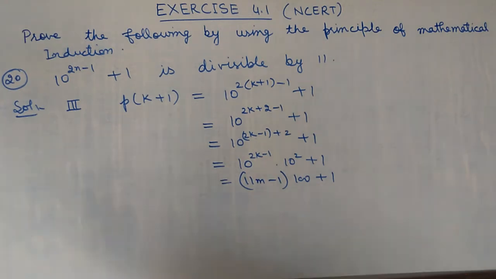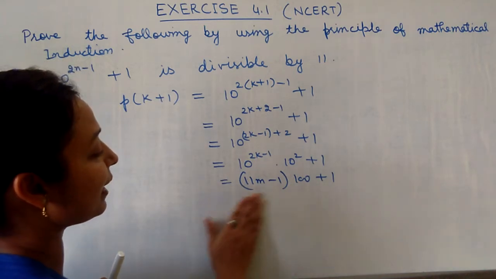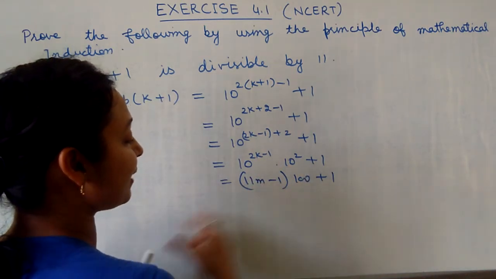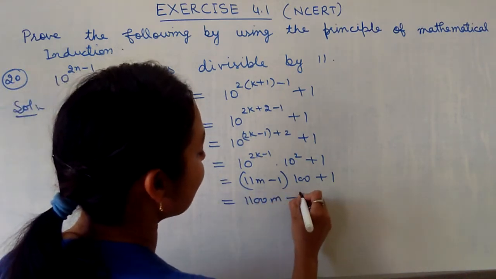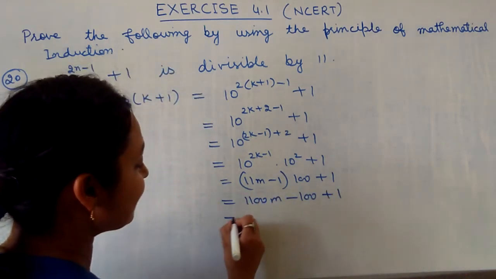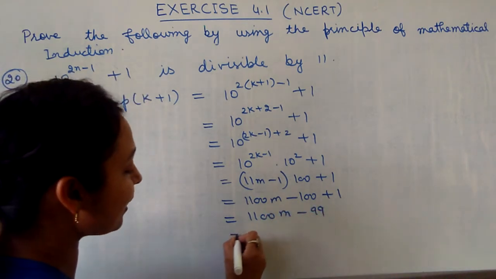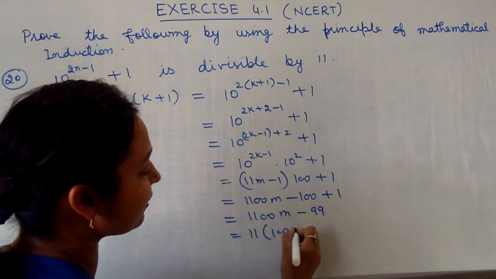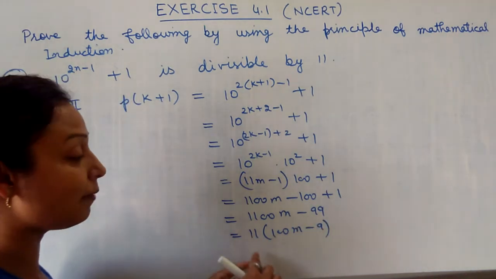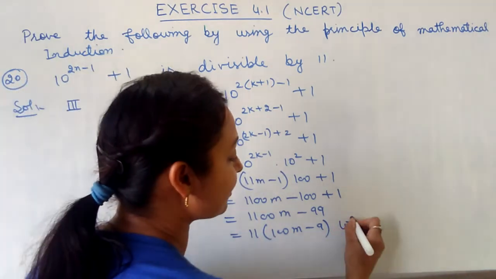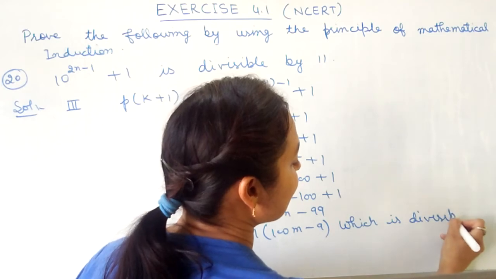When you multiply 100 with 11m, this is 1100m minus 100 plus 1, that is 1100m minus 99. Now you can take 11 as a common factor: 11 times 100m minus 9. This number is divisible by 11, since 11 is a common factor.